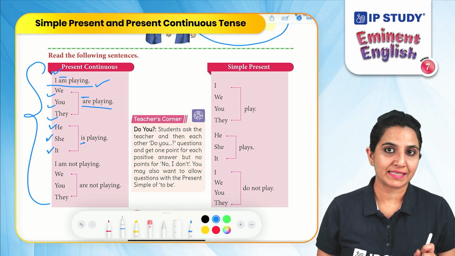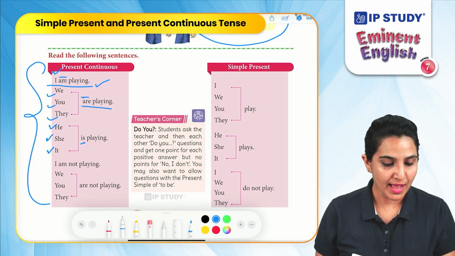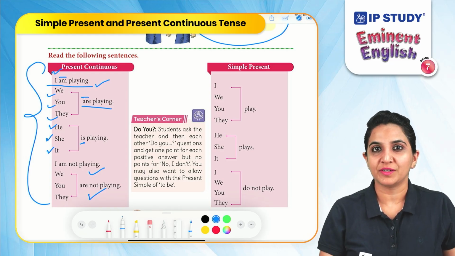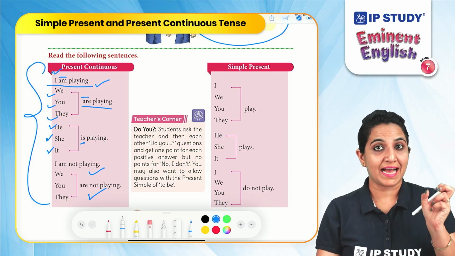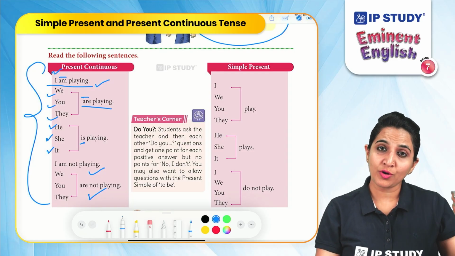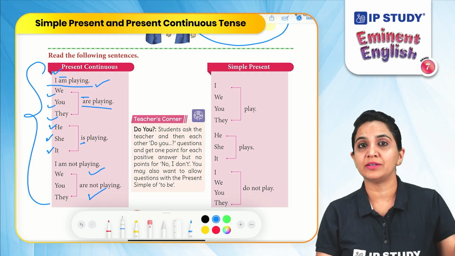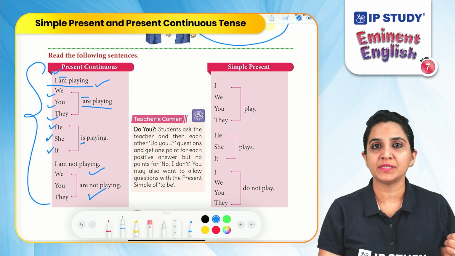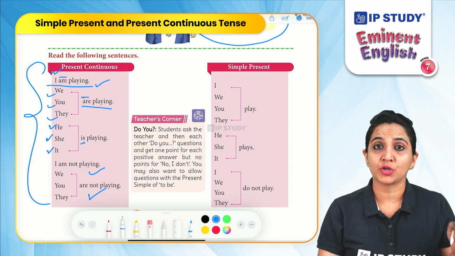For the negative sentences in present continuous tense, we apply the same rule. For example, I am not playing. We are not playing. So, did you observe that the actions happening right now, we added ing at the end? In all of the sentences, whether the subject was changing to singular, plural, or the first person to the second or third person, we did not change the verb at all.